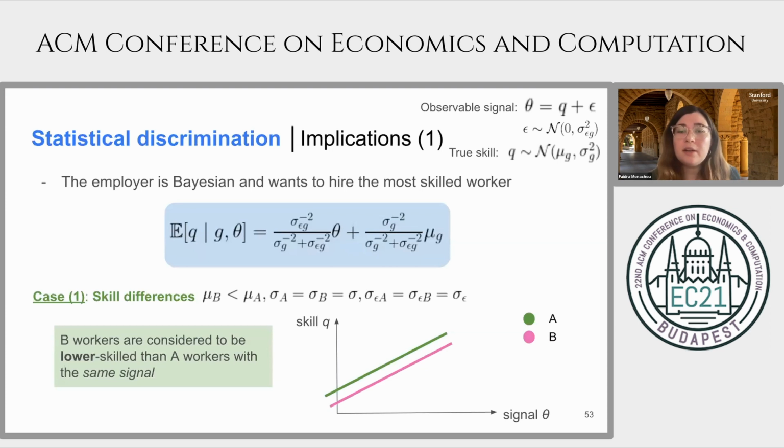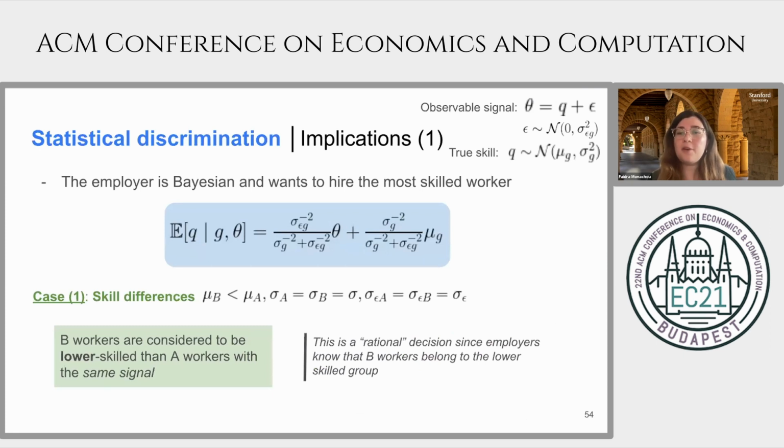These linear functions have the same slope, but a different intercept. Because, very intuitively, the mean of group A was higher than the mean of group B, the estimates of group A are always higher than the group B estimates. In other words, B workers will be considered to be lower skilled than A workers with the same signal theta, and this holds for all different values of signals.